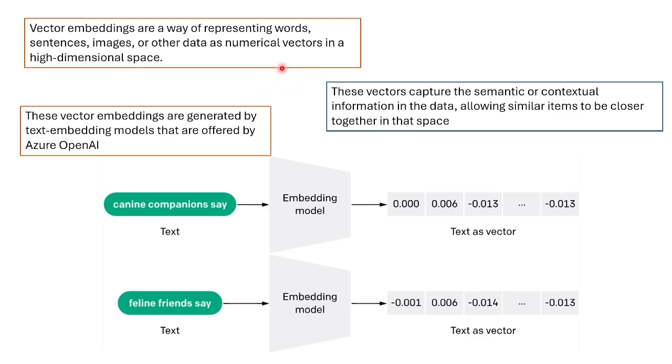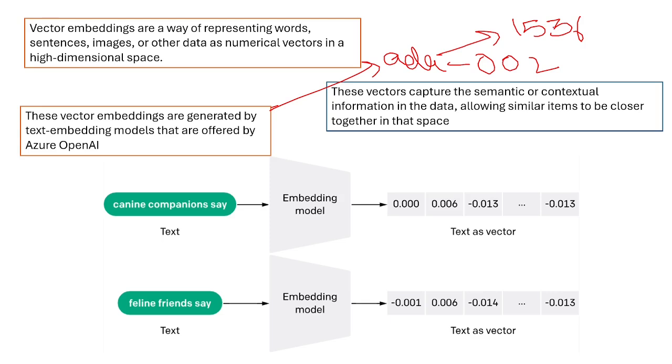Now, how are these vector embeddings generated? They are generated by text embedding models that are offered by Azure OpenAI. And if I'm not mistaken, the most common of these text embedding models is the ADA 002 model, which generates vector embeddings arranged in a dimensional space of 1536 dimensions.